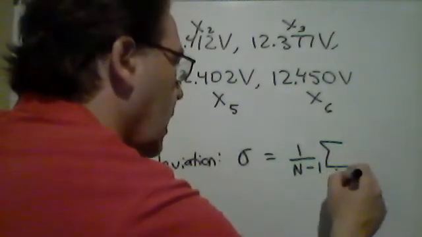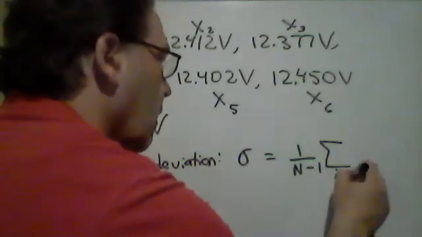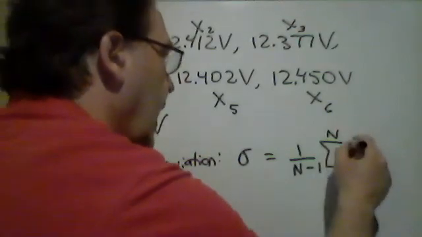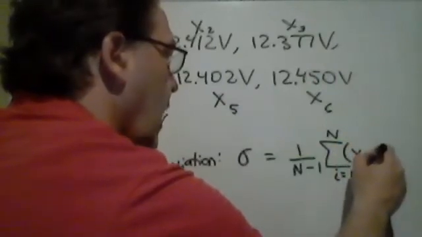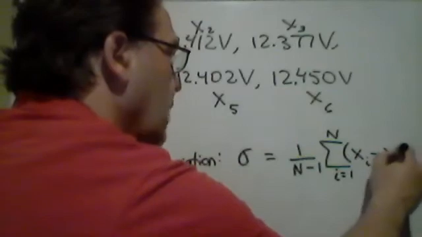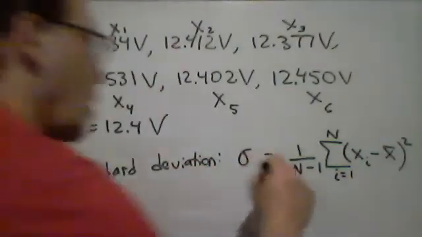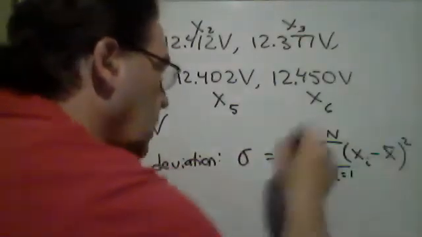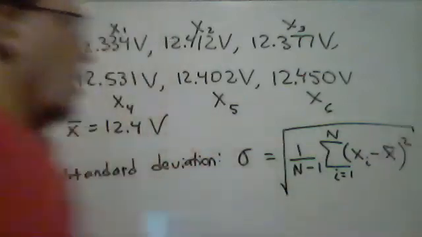I'm going to go from i to n. Now I'm going to add up the x sub i minus the x bar quantity squared, and I add this all up. I'm going to take the whole answer and take the square root of it.